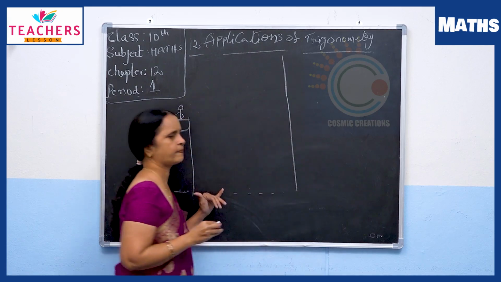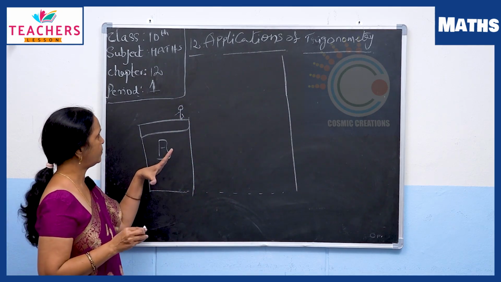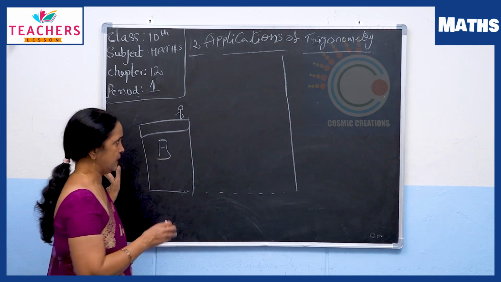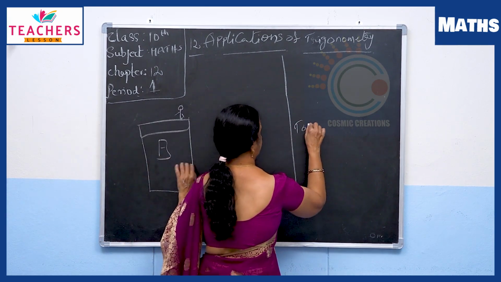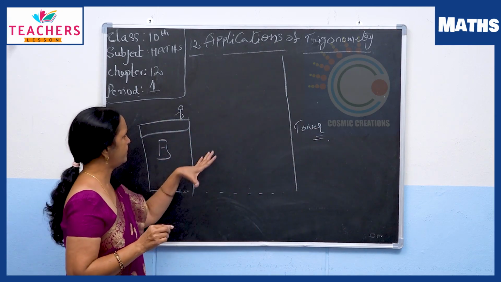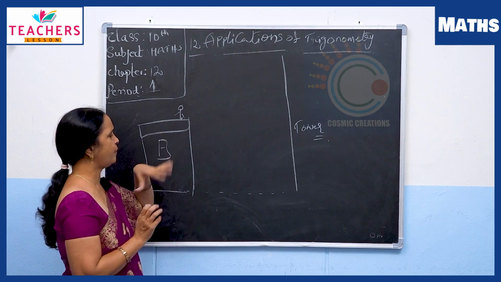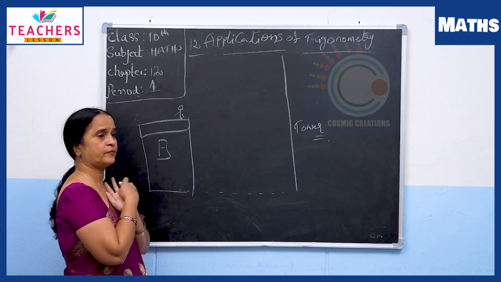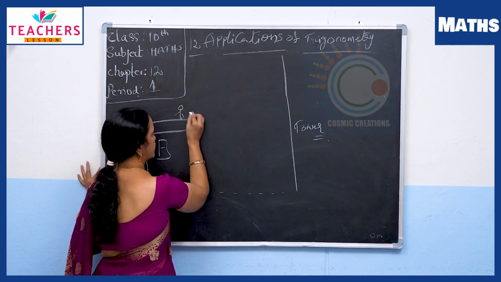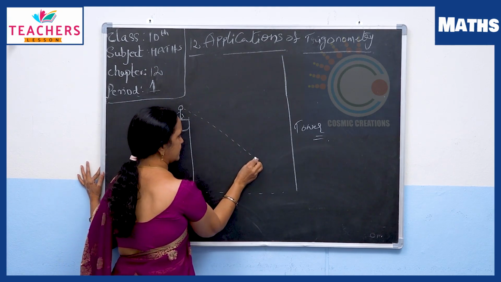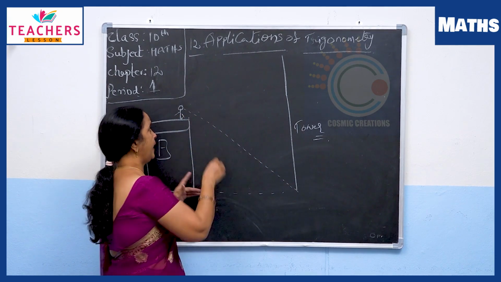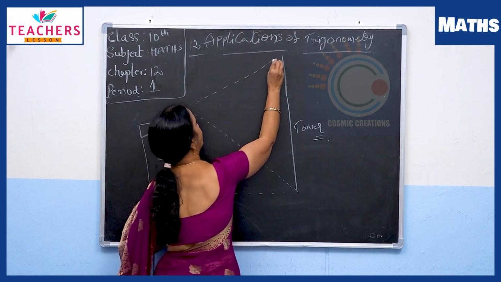The tower is taller than the building. So if you want to find the height of the tower, what would you do? First, you have to look. Line of sight, to make a line of sight downside, and we have to look upside.